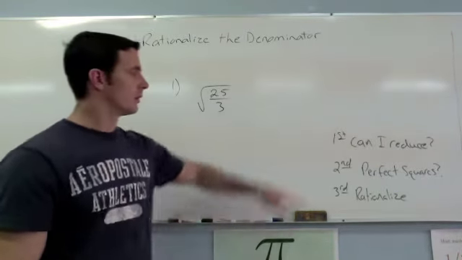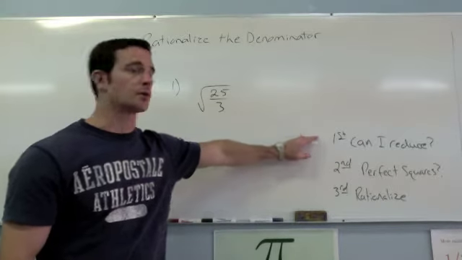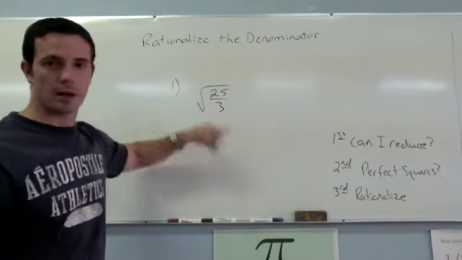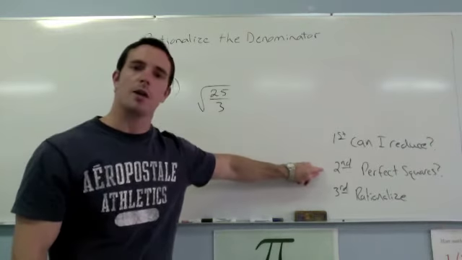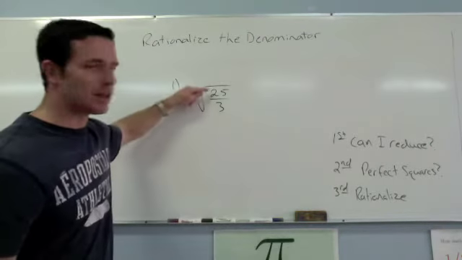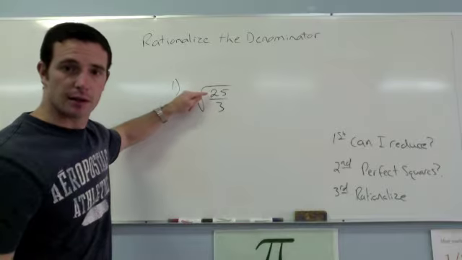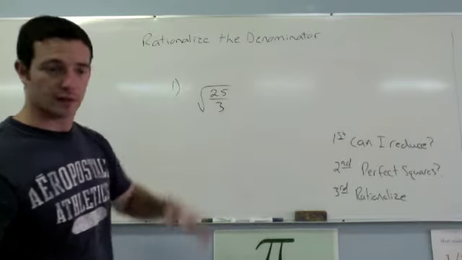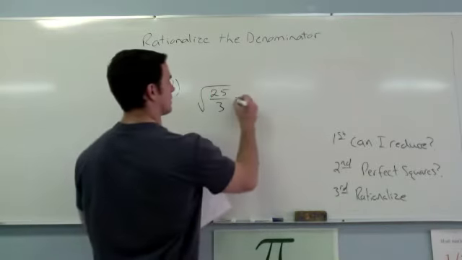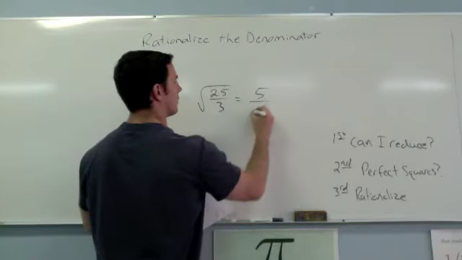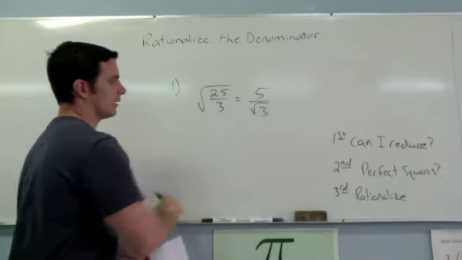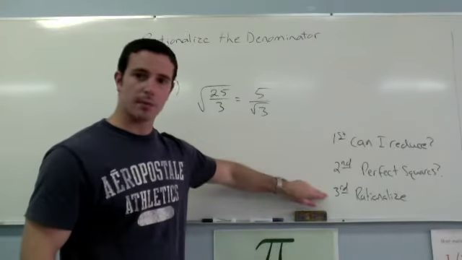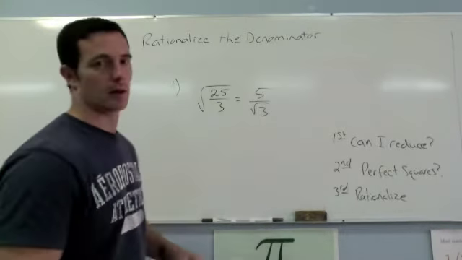Let's begin. First, can I reduce? 25 and 3. No. So, second step. Are there any perfect squares in either of these numbers? Yes. The square root of 25 is 5. So, this gives me 5 over radical 3. Which leads me to my third step, rationalize the denominator.